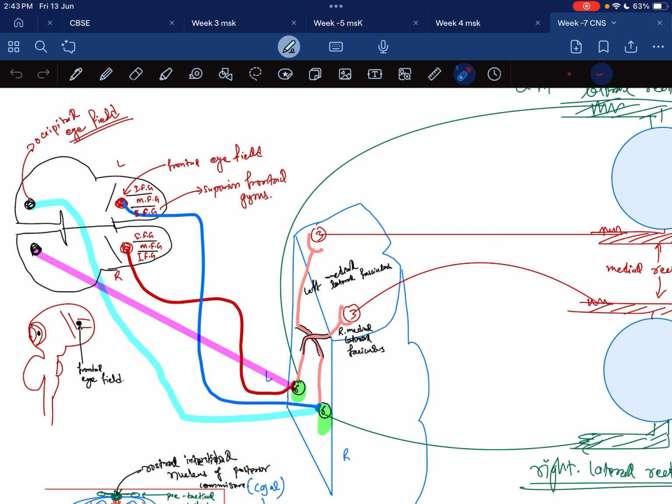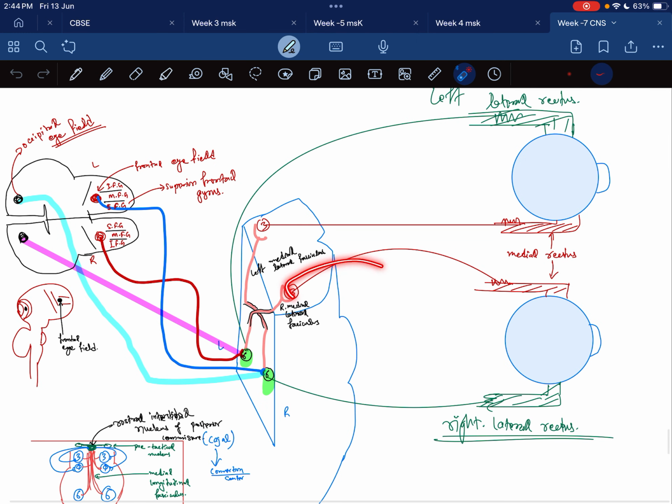There is formation of the medial longitudinal fasciculus, the right and left medial longitudinal fasciculus, which is connected to cranial nerve 3. Cranial nerve 3 supplies the medial rectus, and the abducens nerve supplies the lateral rectus.